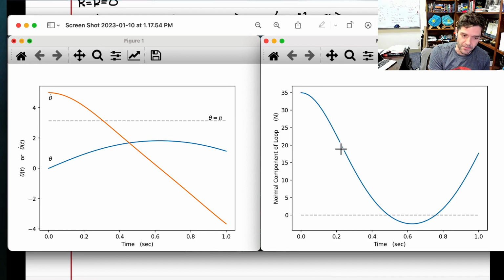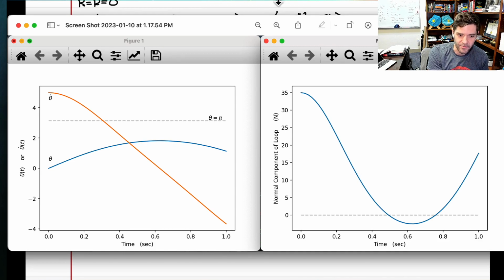Now the normal component, given these, notice something interesting happens. The normal component is always pushing you away from the track towards the center of the circle. I should have thrown a negative sign in here to use polar coordinates. That's okay. Notice that it's very positive and then gets smaller and smaller, like we saw before.